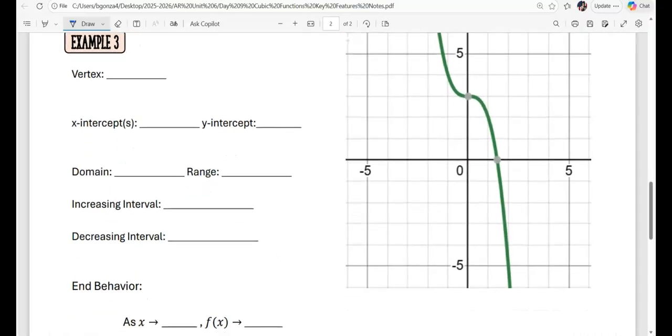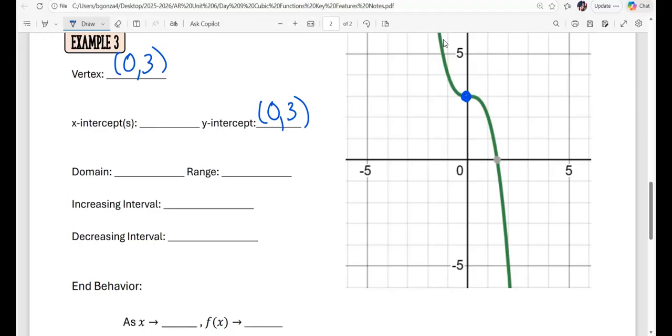All right, example 3, here we go. We don't need to use Desmos because I see it right here. Here's a point on the y-axis at 0, 3. That's also where it changes directions. So that would also be 0, 3 for the vertex.